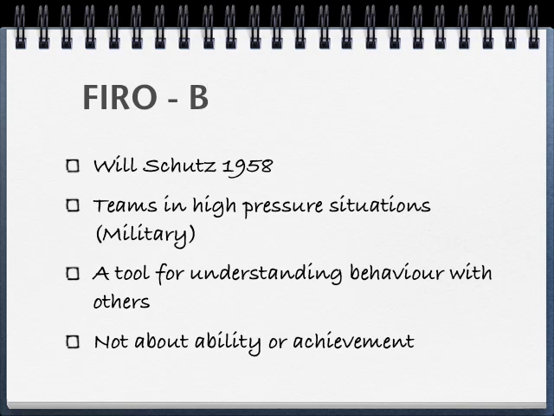It's given us a really useful tool for understanding how we behave with other people, whether it's on a one-to-one or a group basis. You do need to realise it's not about your ability or skill or achievement in these areas at all. It's more about your orientation and in particular your needs in relationship.